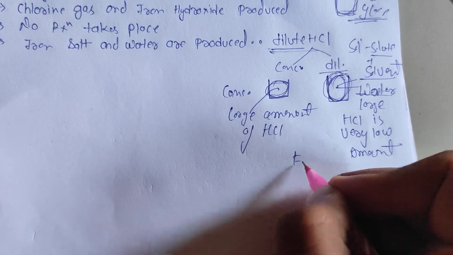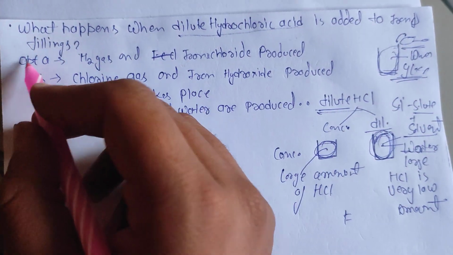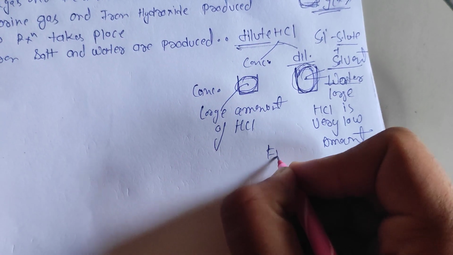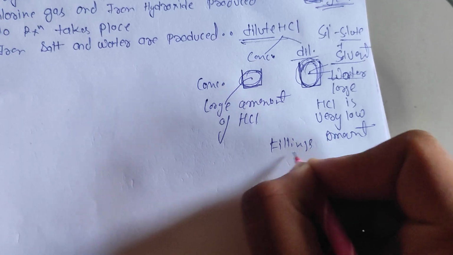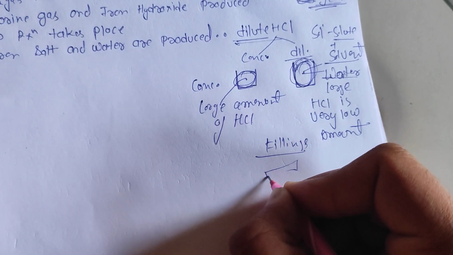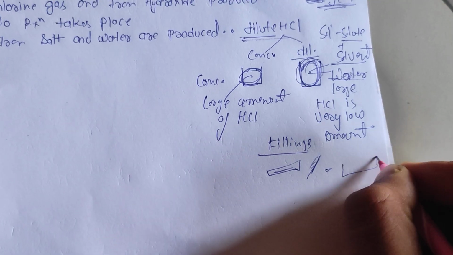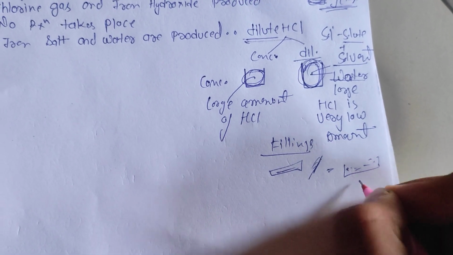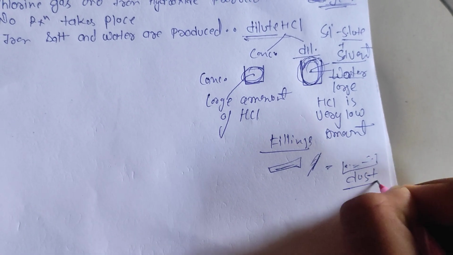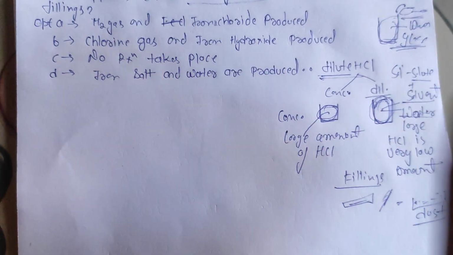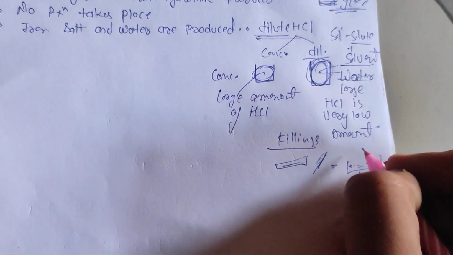Now the second thing is iron filings. We have an iron nail. If you rub it with sandpaper or anything else, we get dust of iron. This dust of iron equals filings.